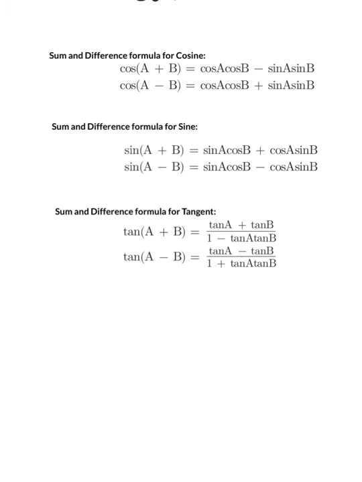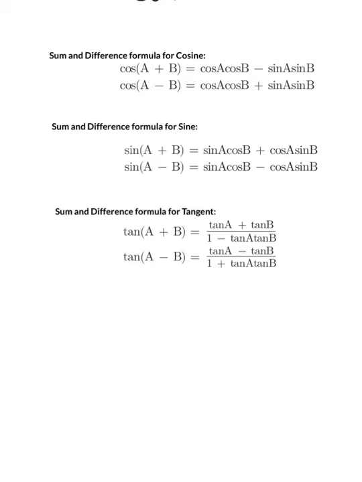The next thing that we're going to look at in this mod are the sum and difference formulas for cosine, sine, and tangent. When you are doing a sum or difference with a cosine, that means that you have two angles that you are either adding or subtracting. Pay attention to the pattern on these, and you'll kind of get used to the patterns as you work through problems.